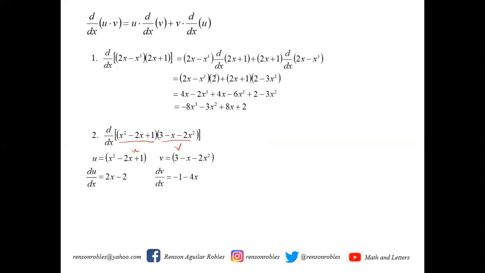And then by applying again the principle, u dv plus v du, you have x squared minus 2x plus 1, that's u, times dv, that's negative 1 minus 4x, plus v, that's 3 minus x minus 2x squared, times the derivative of u, 2x minus 2. And then simplifying further, this will lead us to negative 8x cubed plus 9x squared plus 6x minus 7.